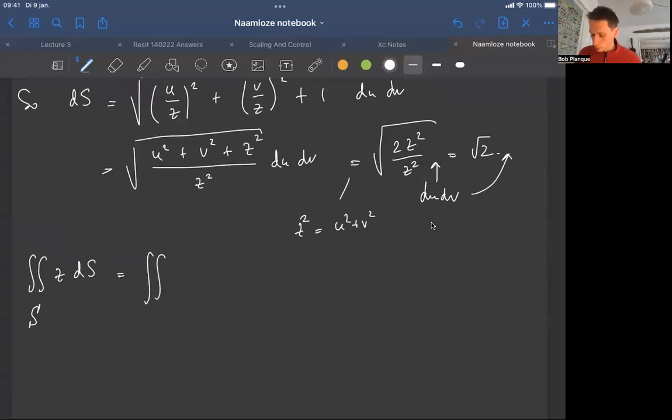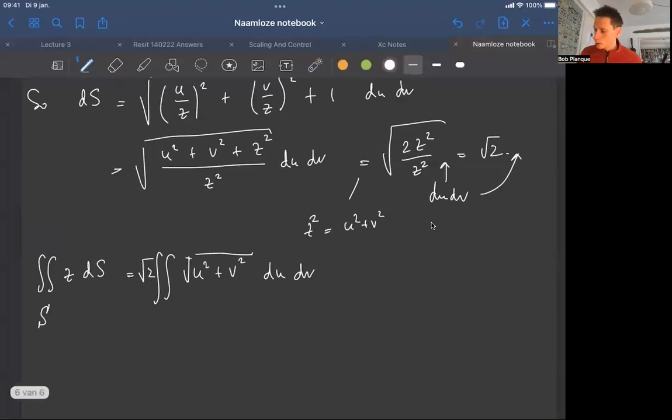So we have a double integral over the domain, which we're going to talk about in a second. z was equal to the square root of u squared plus v squared, du dv, and the square root 2 comes in front. Yeah, so this one together with that one is the dS, but I'm taking the square root 2 out in front. So the only thing I haven't written down is what my domain is.